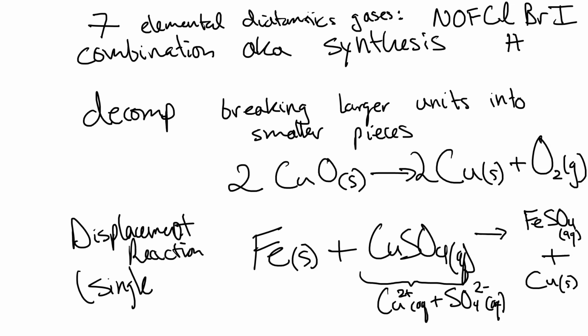Now, single displacement. It's called single displacement because the copper is partnered with the sulfur and the iron takes the place of the copper as far as partnership goes, and then copper is kicked out. Single displacement, so it displaces the copper. It's considered a single replacement because the copper is replaced. It's an exchange reaction because the iron exchanges positions with the copper. Okay.